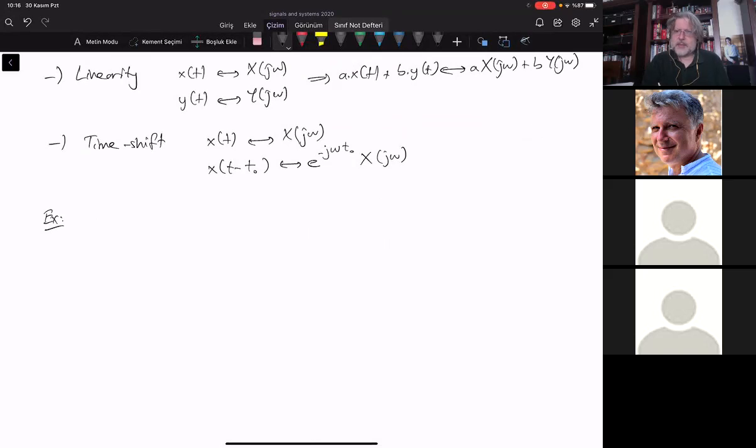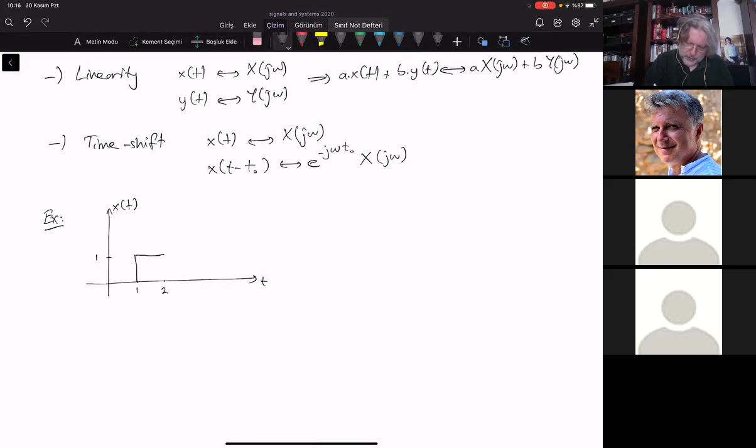You can solve this example in several ways, but I'm going to mention a few of those. Suppose that you have this x of t signal, and the signal is as follows. It starts at 1 and stays as 1 until time is 2.